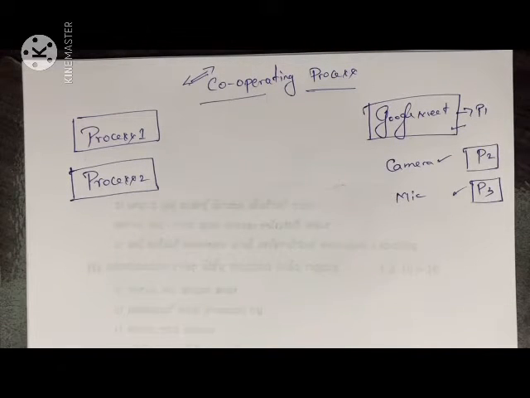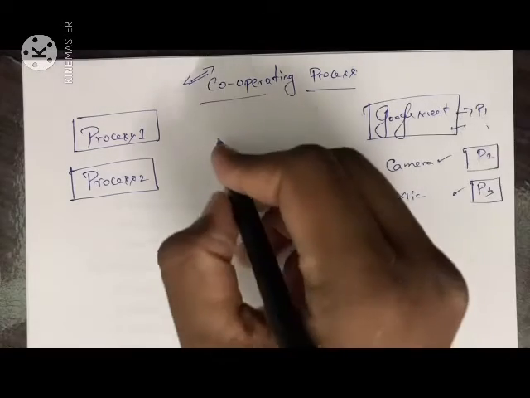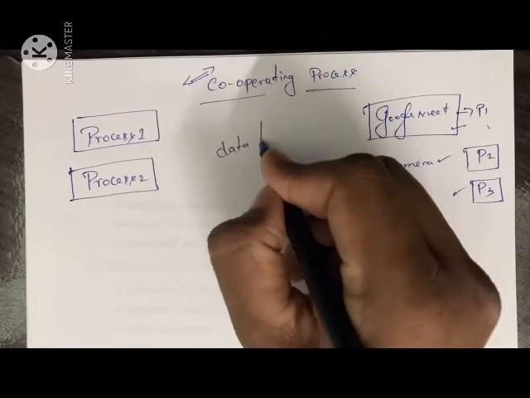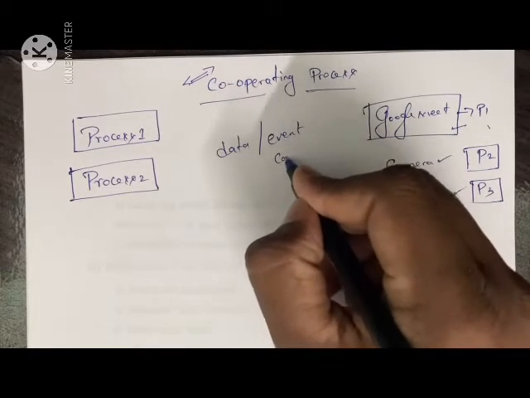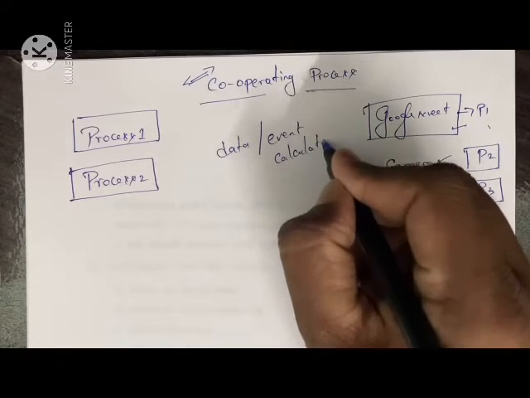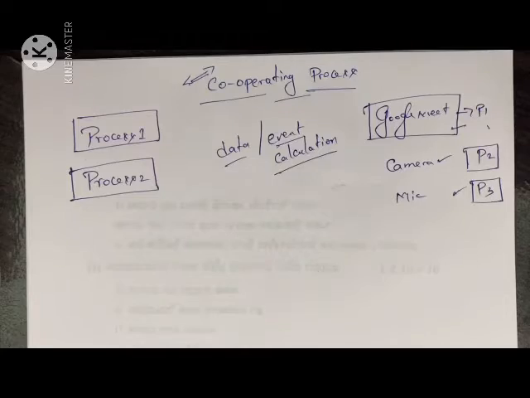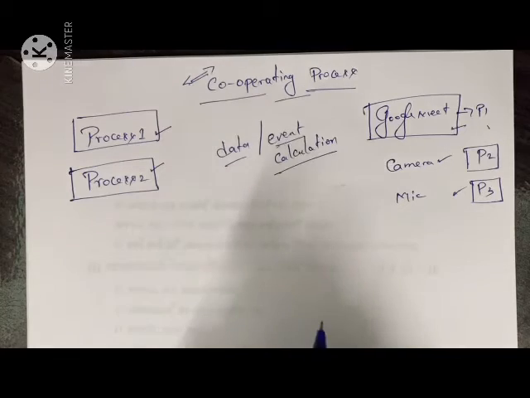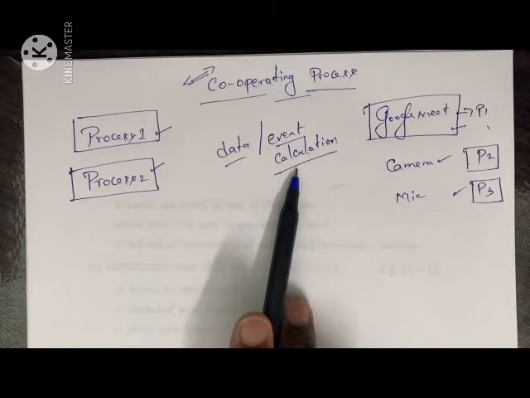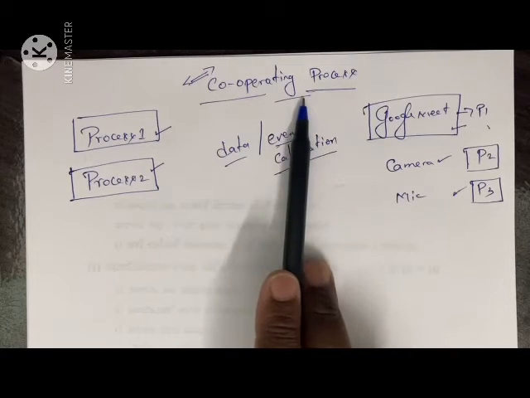A cooperating process is a process where one process that is executed will be communicating with other processes for some data, or it may be requesting the other process for some event or some calculation. So if one process communicates with another process for any data or any event or any kind of calculation, that function is nothing but a cooperating process.